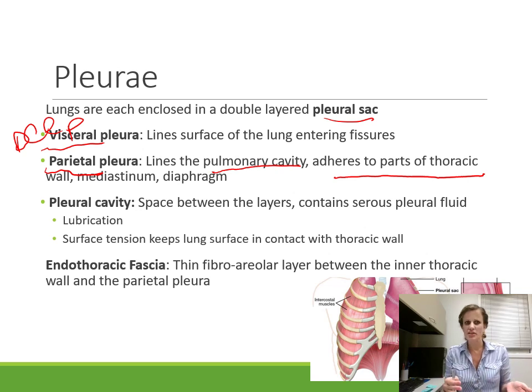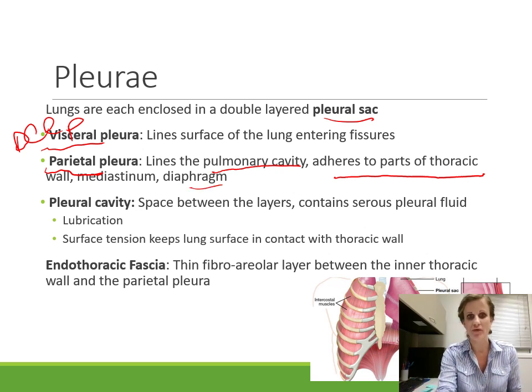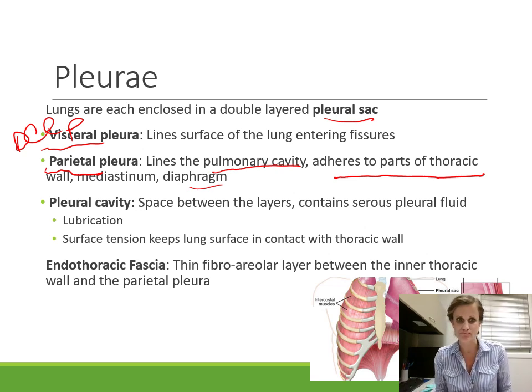Okay, so essentially the parietal layer is lining the body wall, right? It's lining all of the structures that surround the pleural cavity. So on its lateral and posterior borders, it's lining the thoracic wall. On its medial borders, it's lining the mediastinum, and then on the inferior border of the cavity, it's lining the diaphragm, which remember sits right underneath the pleural cavities.